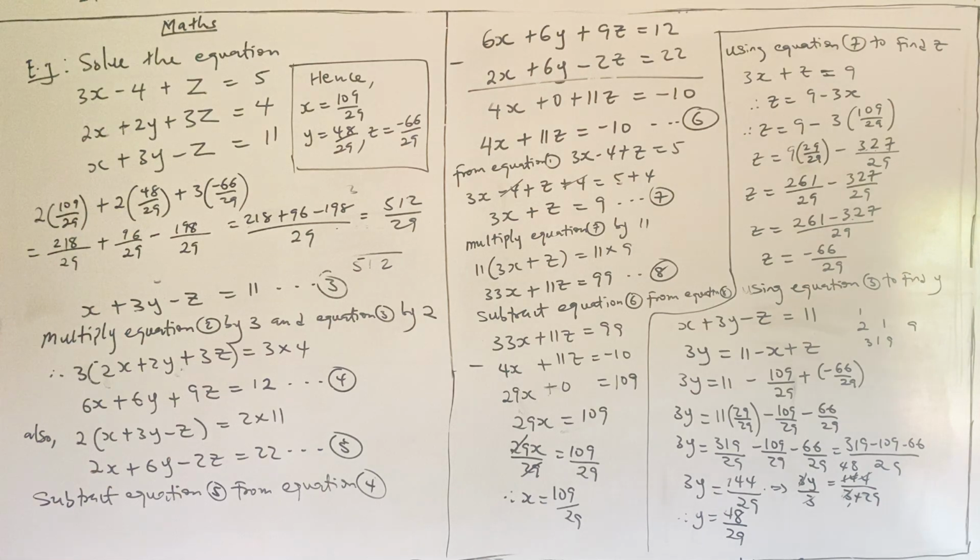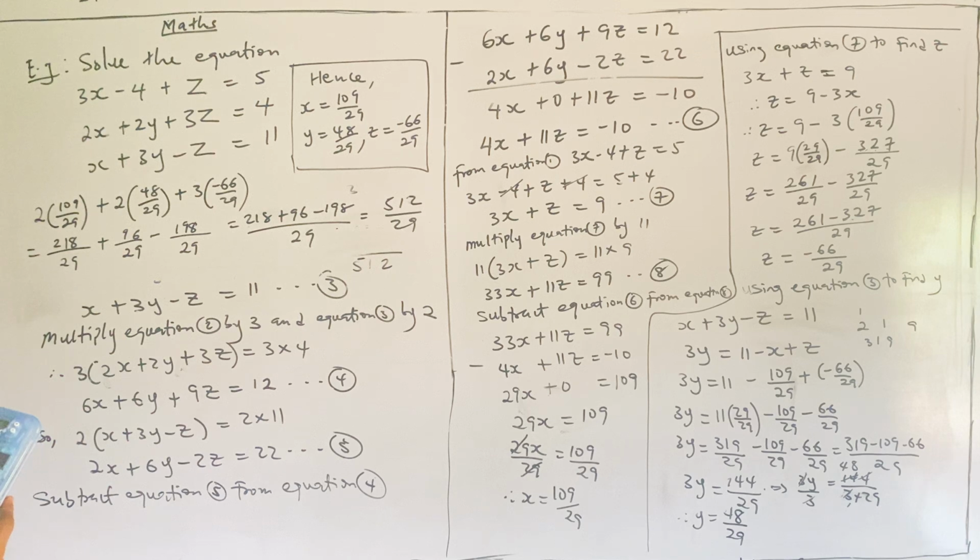Sorry, we didn't get the same 4. So let's confirm a value to make sure that there is no error in our calculations. It seems there is error here, so let's confirm. This is 2 times 109, so I have 218.